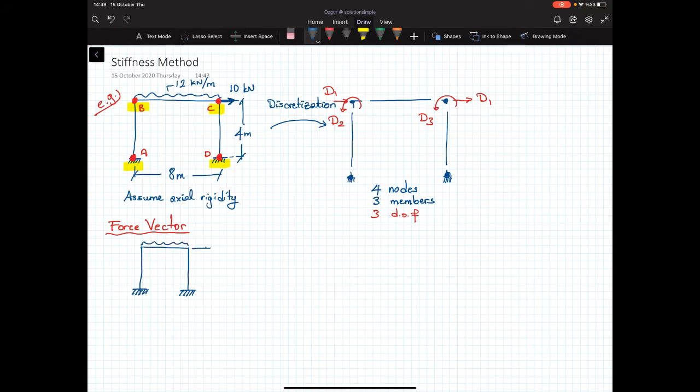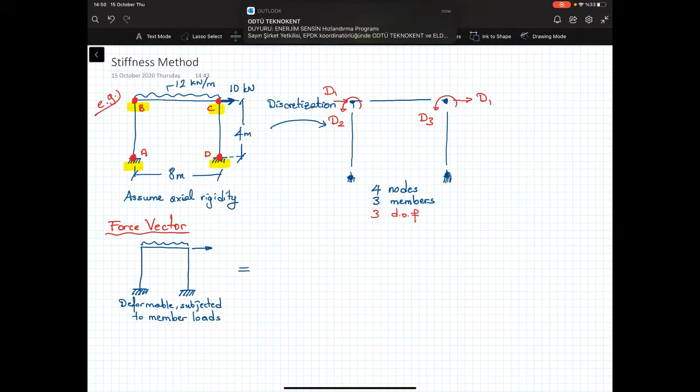This is the loading on it, and this is deformable and subjected to member loads, right? So we are investigating the structure in 2 parts. In the first part, we say no nodal deformation.